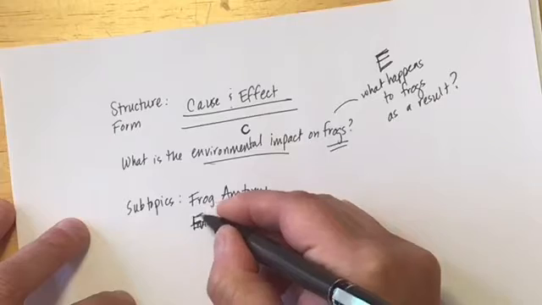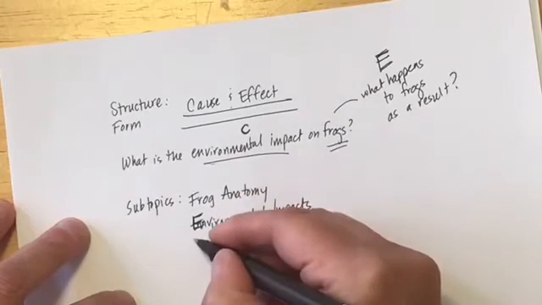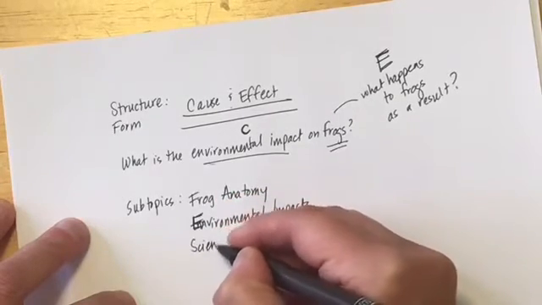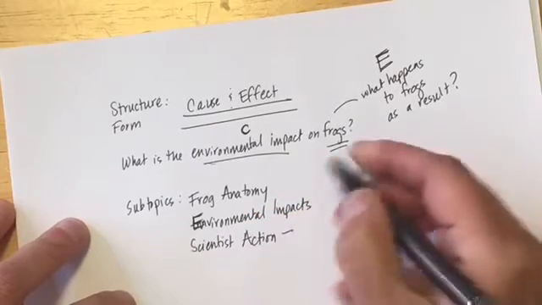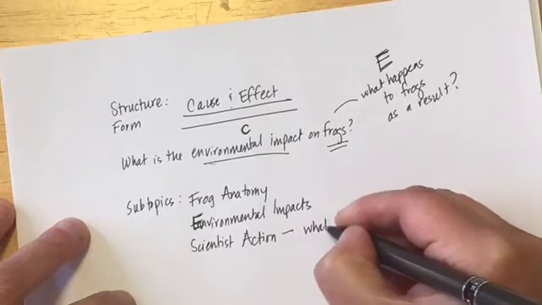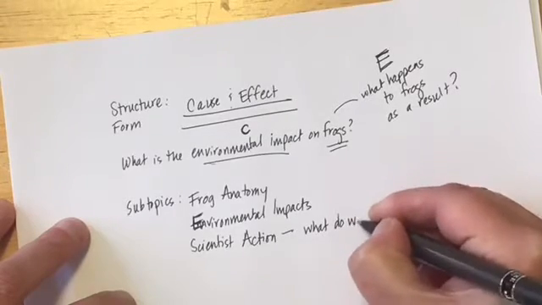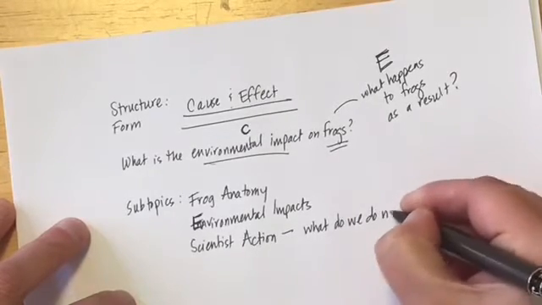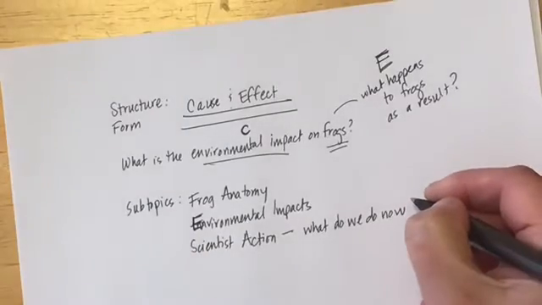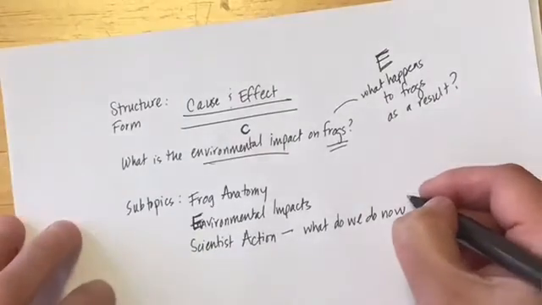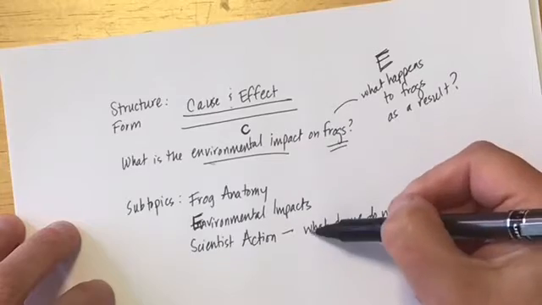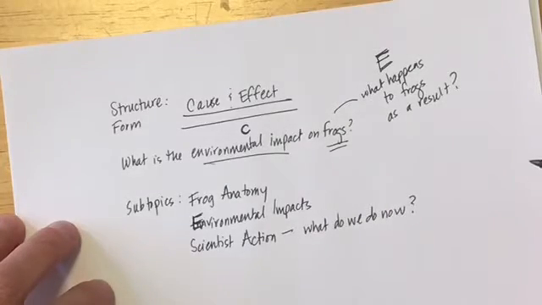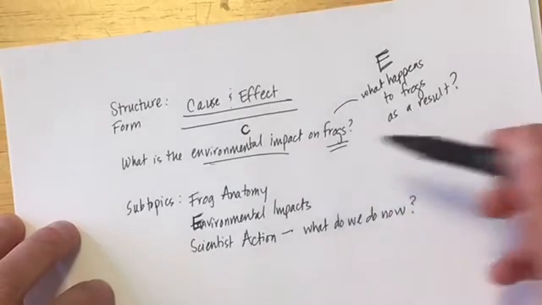And then the third topic was about scientists' action. Sort of this idea of, well, what do we do now? What do we do now that we know that the environment can impact frogs and our actions are impacting frogs in negative ways? So I see these subtopics in this order, and I'm thinking, what would be the best one to start with?